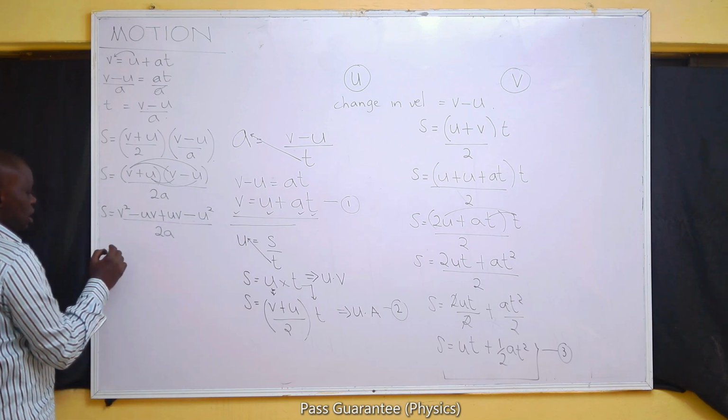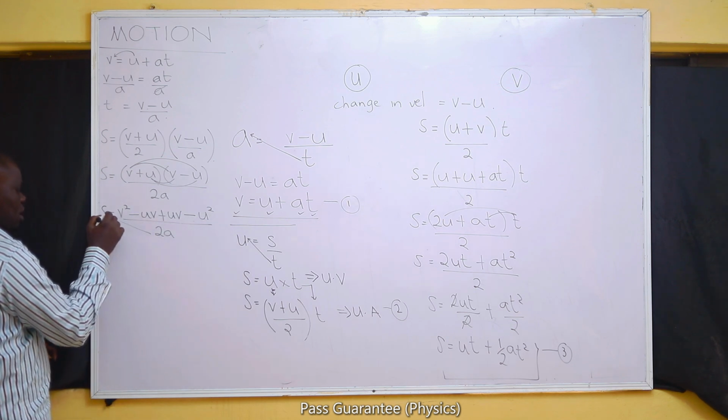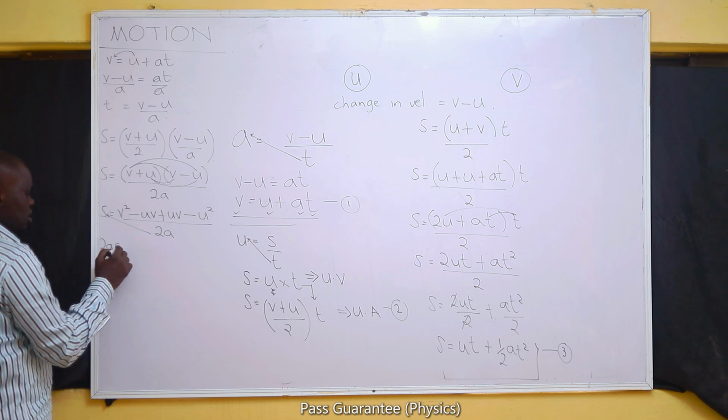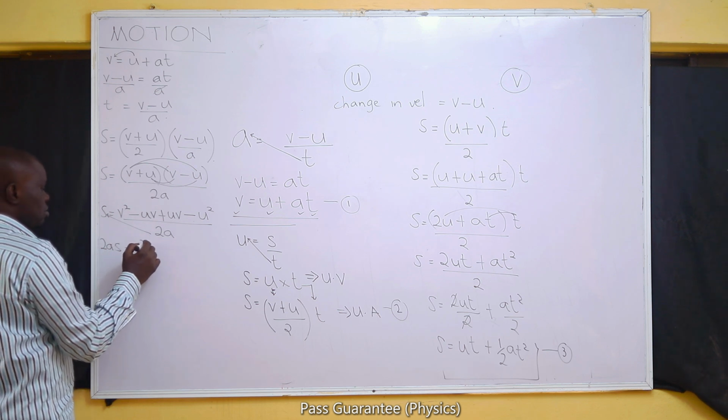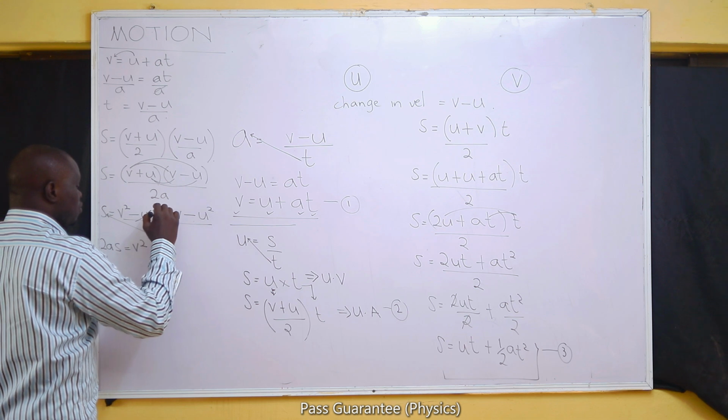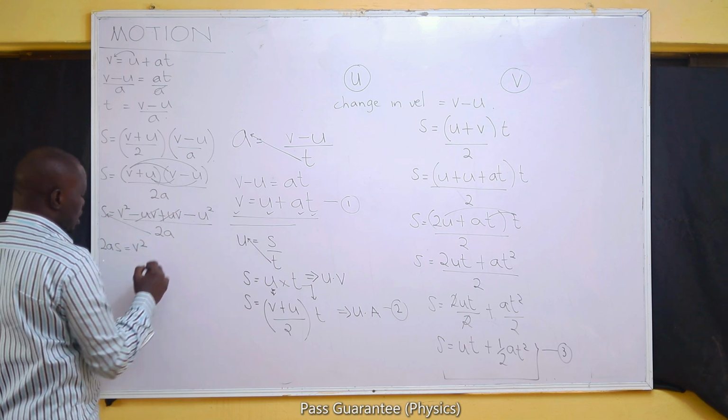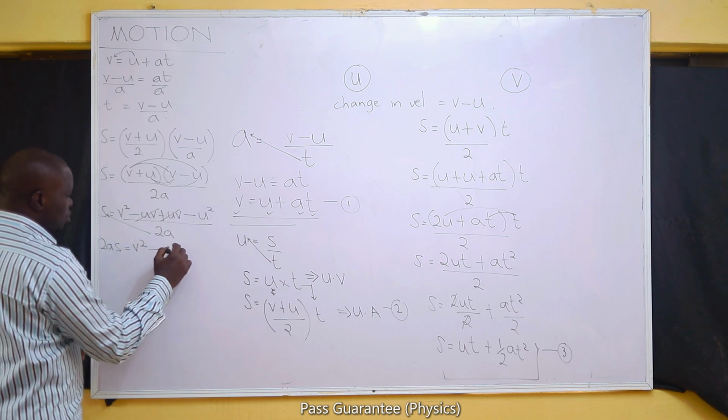If we cross multiply, we should have 2as is equal to v squared. From mathematics, I hope we know that minus uv plus uv can cancel out, minus u squared.